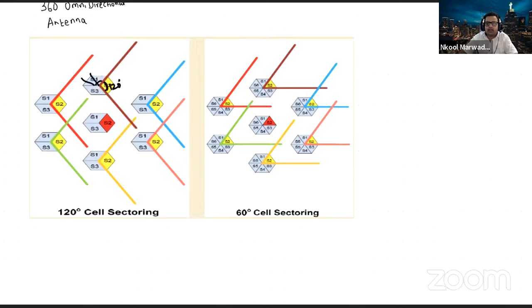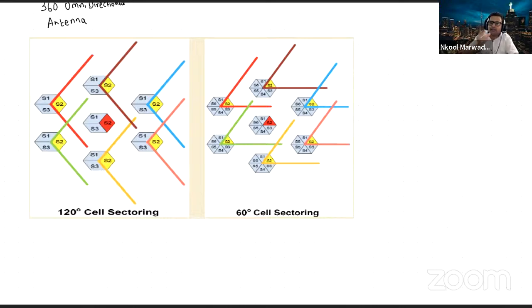In the diagram we are looking at, this is the main base station, and the six other base stations are co-channels. Co-channels means they use exactly the same frequency groups as this one. Here we break the cell into 60-degree pieces, six segments, so every sector's coverage area will be 60 degrees.